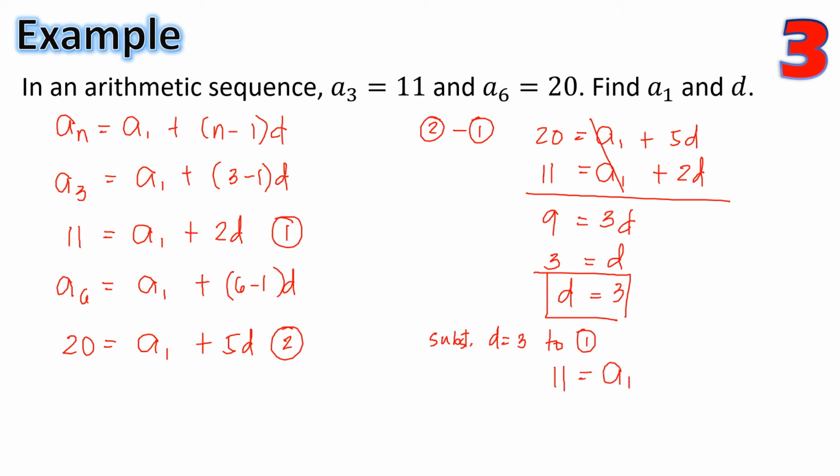That's 11 equals a sub 1 plus 2d, so that is 2 times 3. 2 times 3 is equal to 6, and subtracting 6 from both sides of this resulting equation, we have a sub 1 is equal to 5.